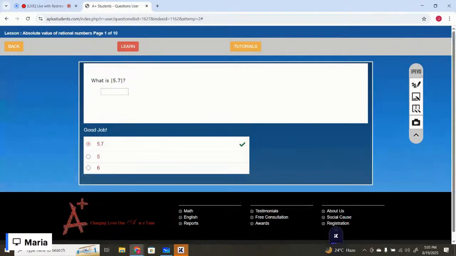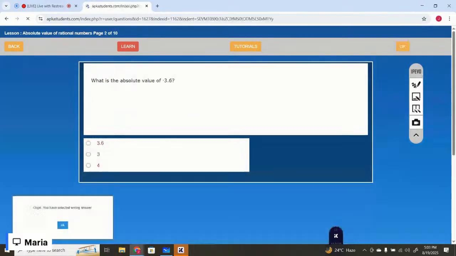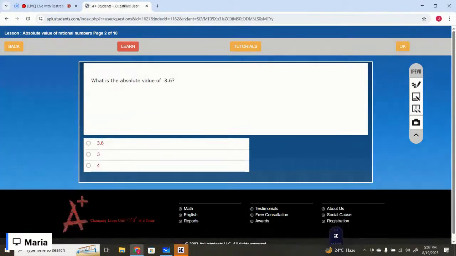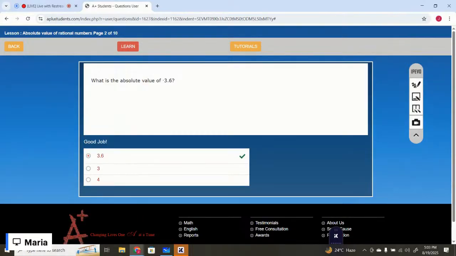Absolute values means positive values. What is the absolute value of negative 3.6? That is 3.6. Option number 1 is the correct option.